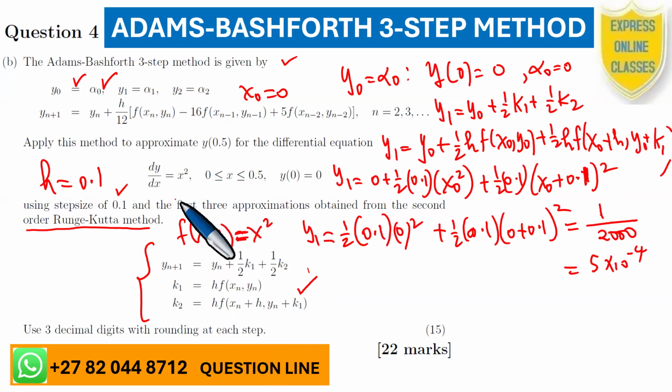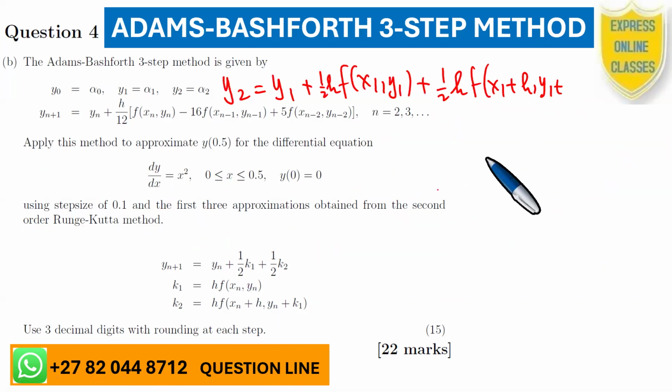But obviously, when you look at the f here, f(x, y) is just going to square only the x component, so it's not going to affect anything. Let's move on. This is going to be x1 plus h and then y1 plus k1.